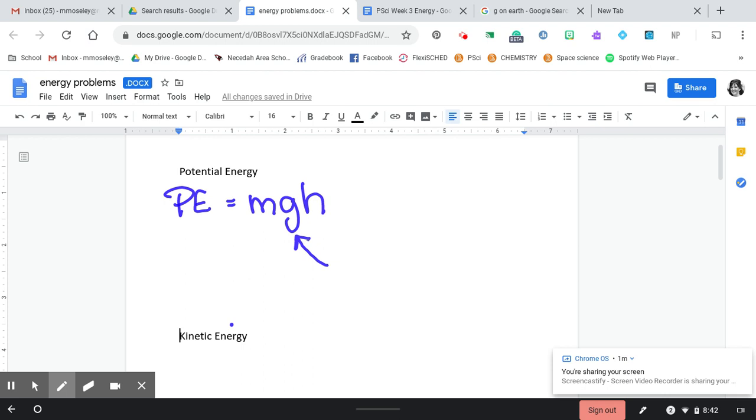So since we're on Earth and all of our practice problems today are going to be on Earth, our g is never going to change. So g for us is going to be 9.81 meters per second squared. And that's the acceleration due to gravity on Earth.